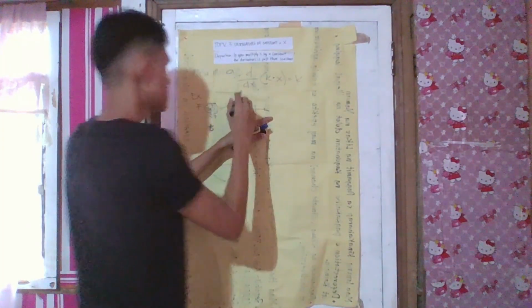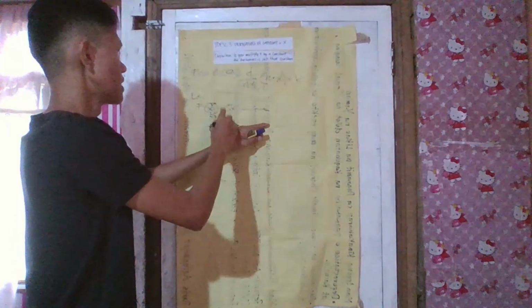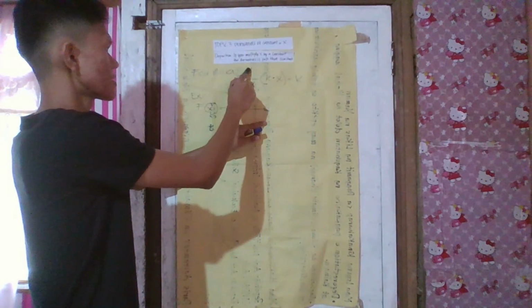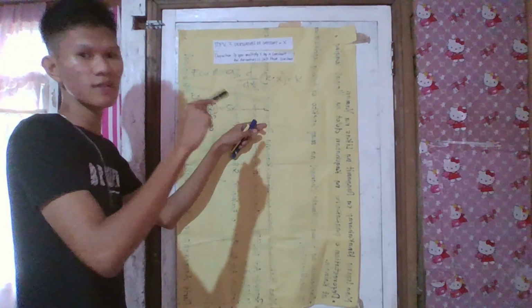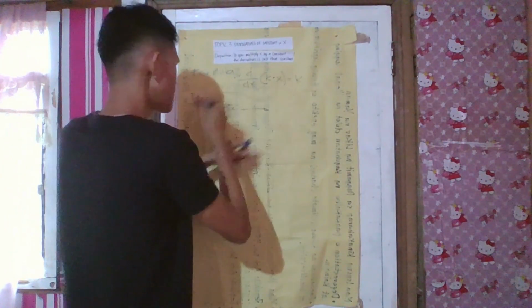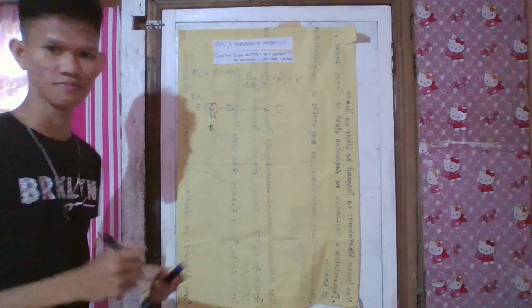The topic here is the derivative of a constant times x. If you multiply x by a constant, the derivative is just the constant. The answer is 5. Just 5 is the answer.